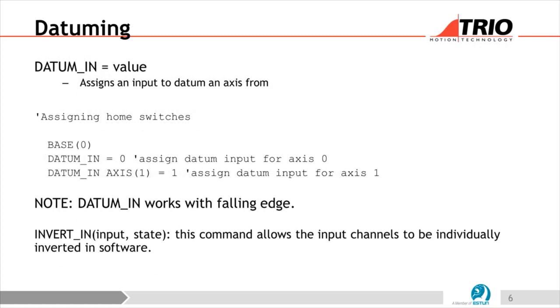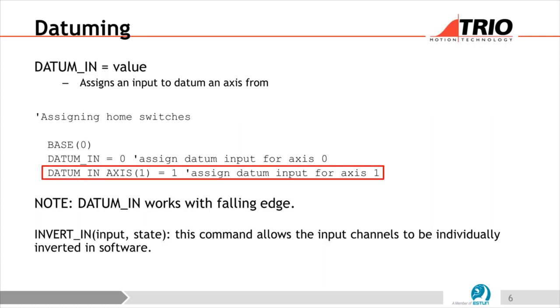This is the example here, assigning home switches. You have BASE 0 and DATUM_IN: you assign switch 0 as an input for axis 0, and say which axis the datum input is for, axis 1.